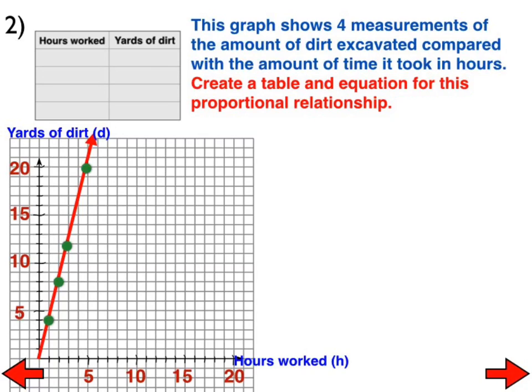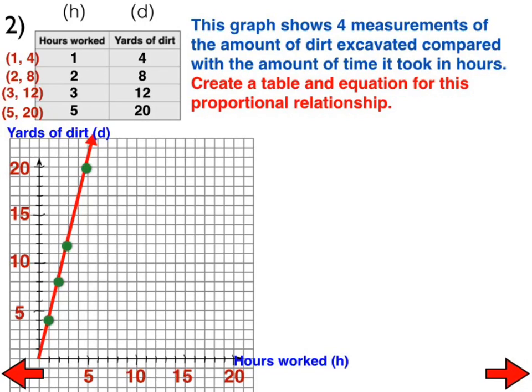All right, so we were supposed to fill in our table, and h is the x-axis, so therefore it represents the x variables. D is the label for the y-axis, so it represents the y variables. And we take our ordered pairs, 1, 4. 1 hour of work, 4 yards of dirt were dug out, and so on, coming straight from the graph.